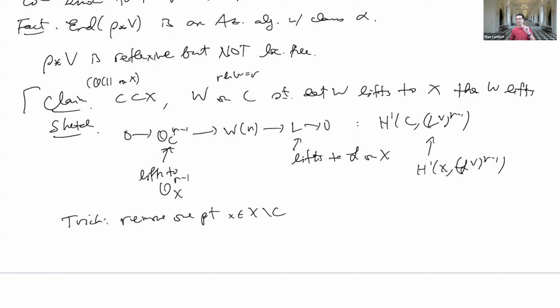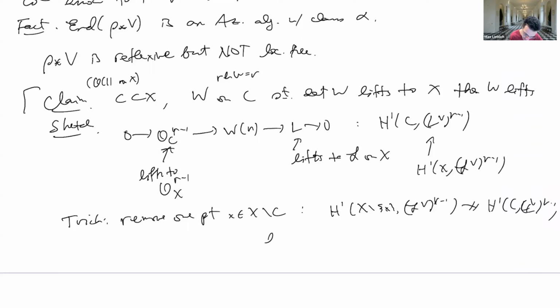Now, you may be aware that when you have a non-projective, quasi-projective variety, no coherent sheaf has top cohomology. That's actually a criterion for projectivity, for properness. And so then we know that H1 of X minus little x, L dual to the R-1, does surject onto H1 of C, L dual to the R-1.